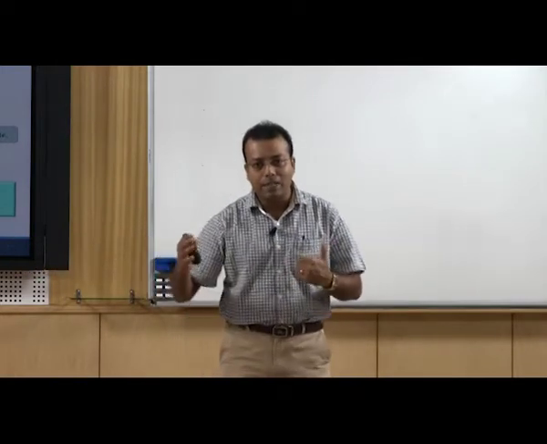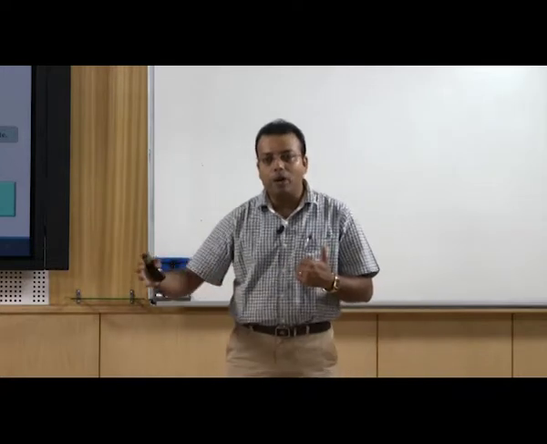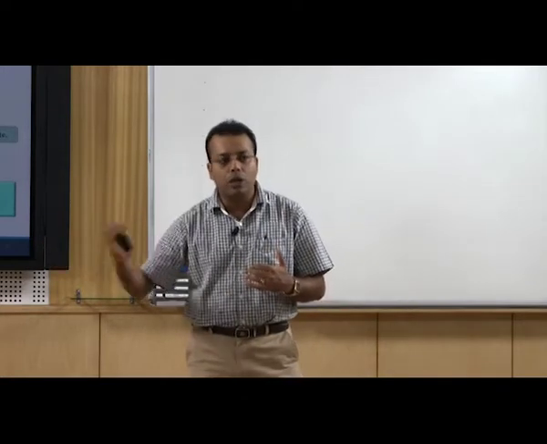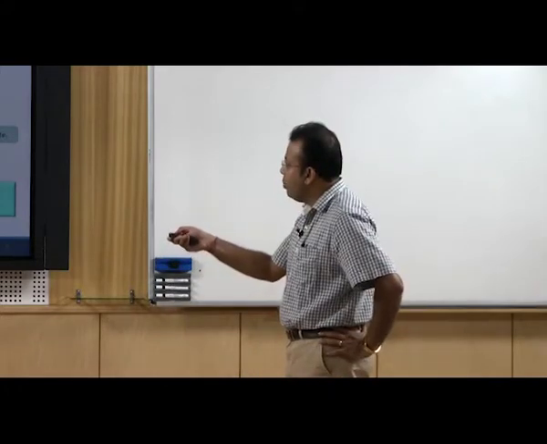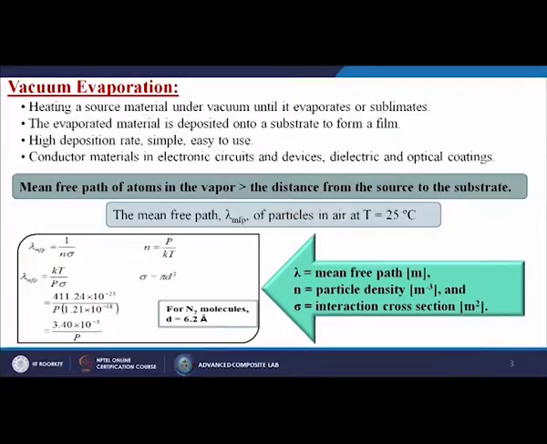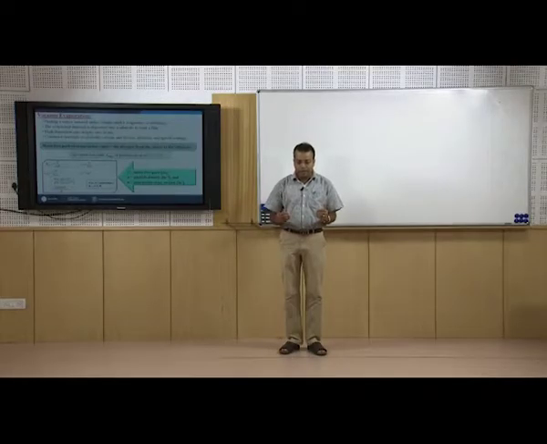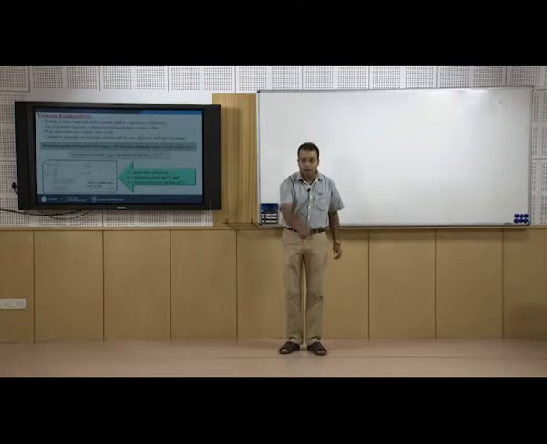If that distance is not covered, they will not be properly deposited onto the substrate material. So, based on that, we calculate the mean free path: the mean free path of atoms in the vapor should be more than the distance from the source to the substrate, because suppose I am standing over here, I am the source, and I want to reach the target.